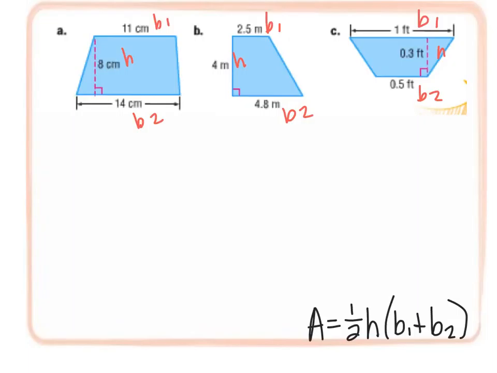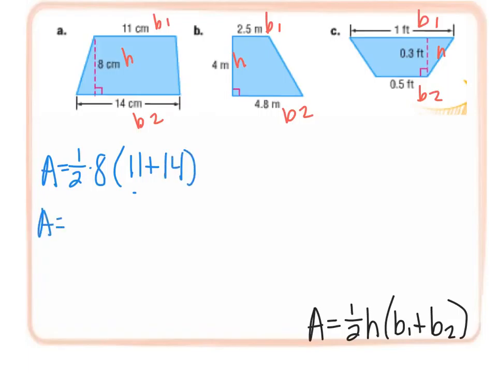I'm going to plug these into the formula. So I have A equals half of the height, half of 8, which I might just keep a mental note. I know that's 4 already, but I'm still going to write it so I don't screw up. And then base 1, 11 plus base 2, 14. A equals half of 8.